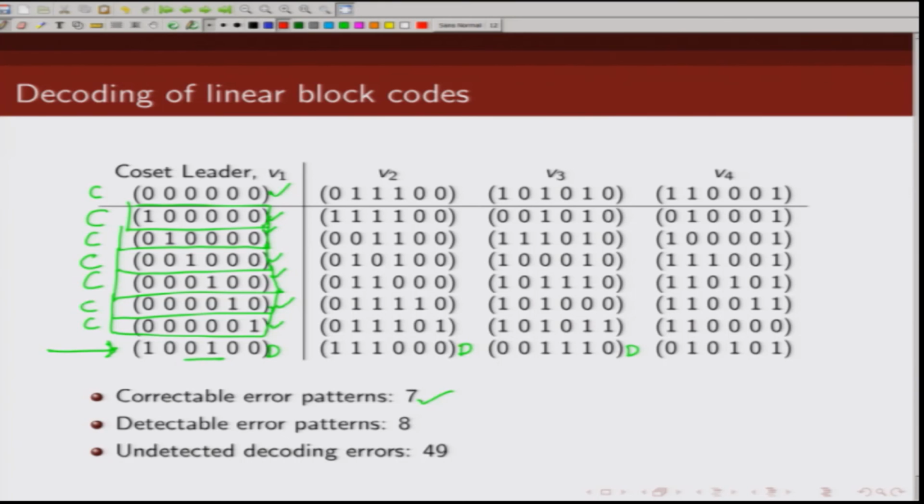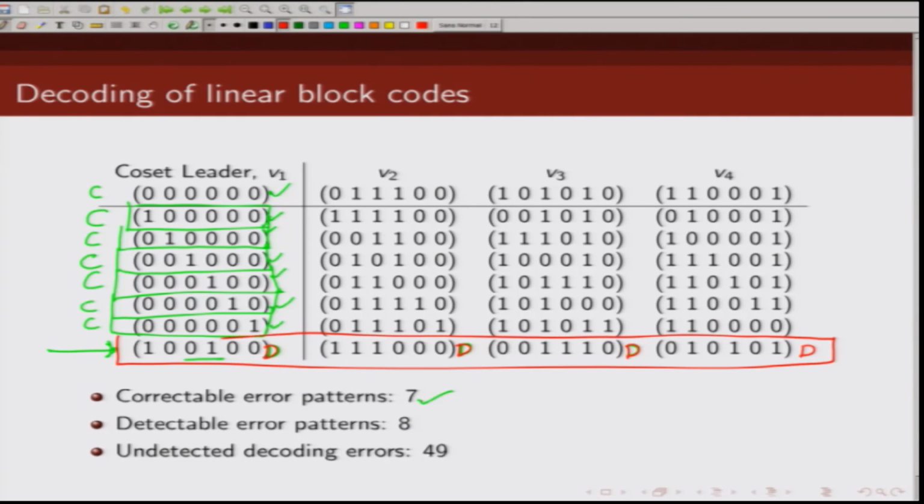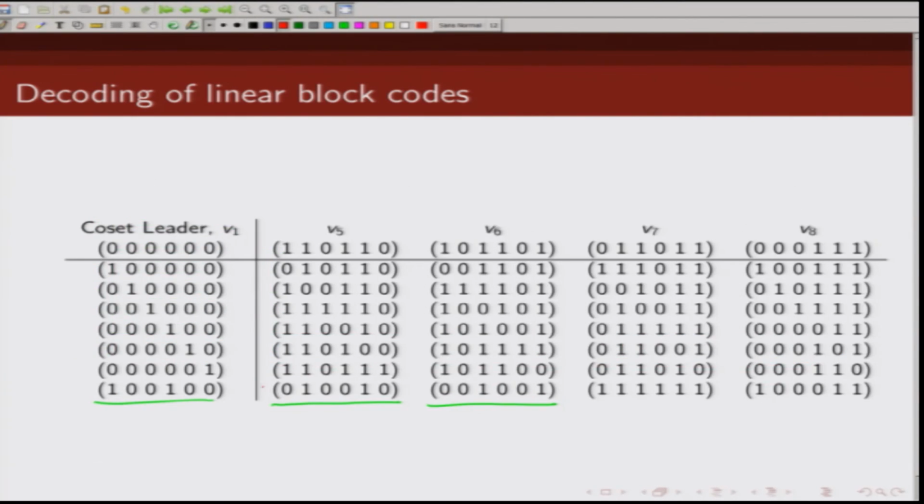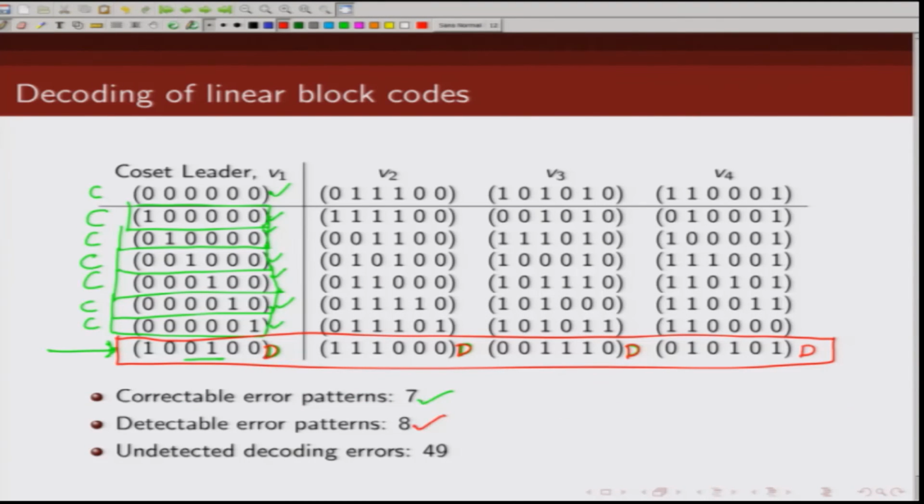So, I use red. These are my detectable error patterns. These are 4 of them, and then remaining 4 are these. So, these are my 8 detectable patterns, error patterns.